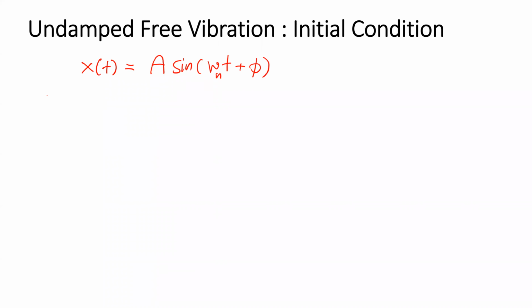But if the initial condition is given by the problem, the initial velocity and initial position, how can we obtain A and phi from the given IC, the initial condition? How can we obtain A and phi?